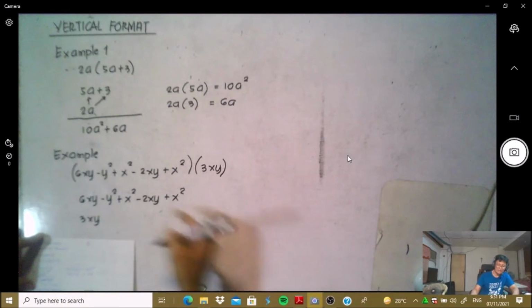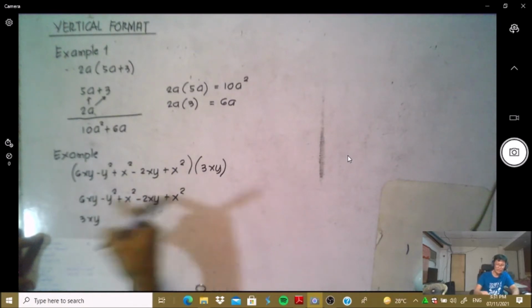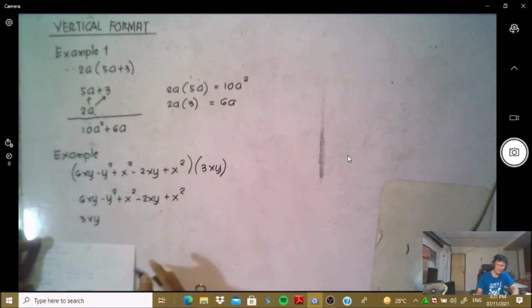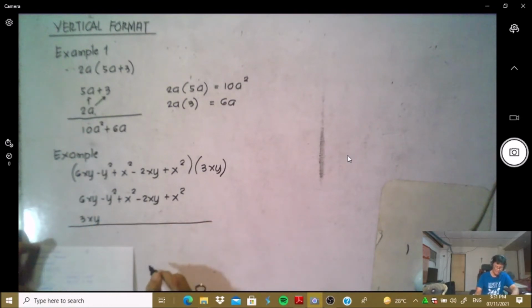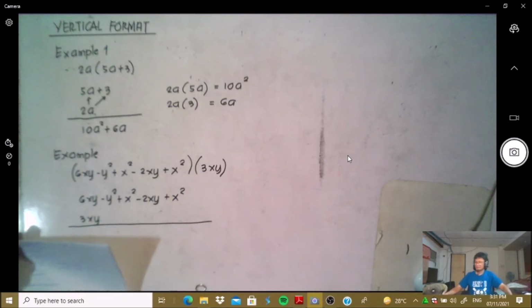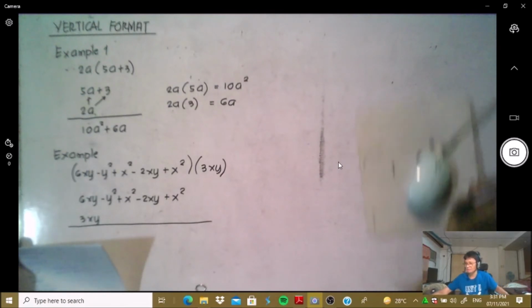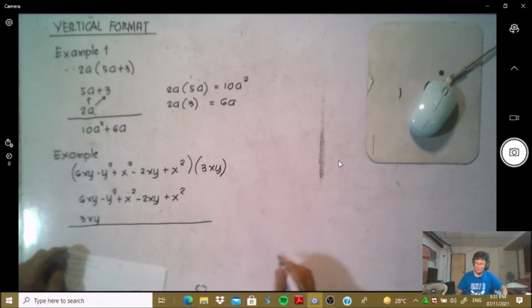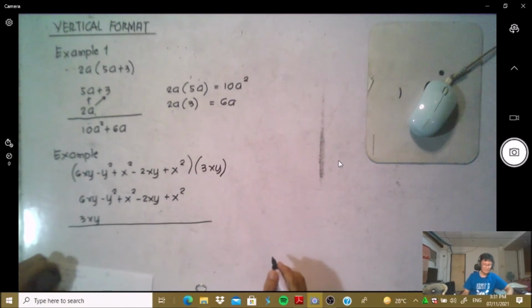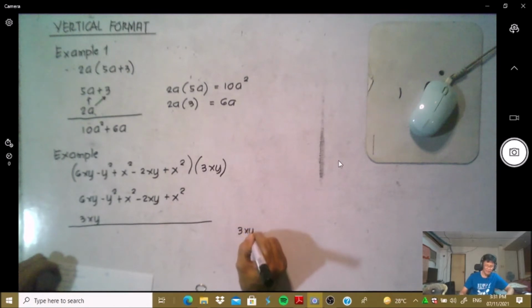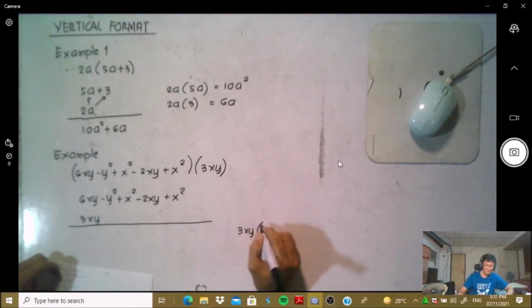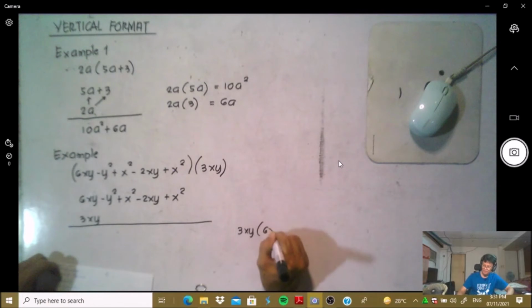We may arrange this first before we proceed, or we may multiply now, then just arrange later on. So that is correct. Okay. So the method will be like this, so that it is clear to you, because this is quite long. So we have to multiply first 3xy with 6xy.